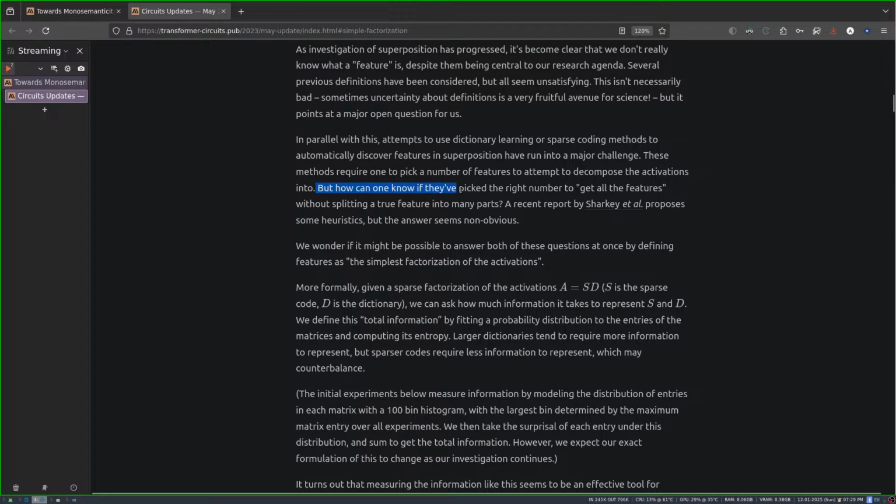But how can one know if they have picked the right number to get all the features without splitting a true feature into many parts? A recent report proposes some heuristics, but the answer seems non-obvious.